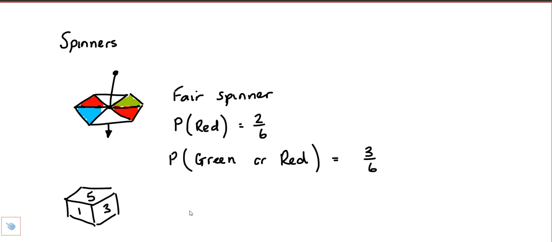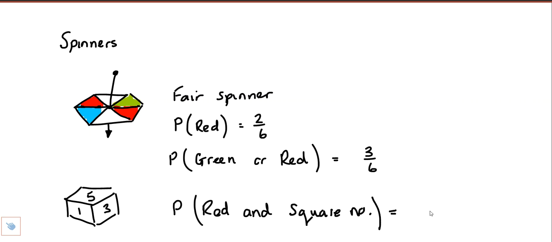If I were to spin the spinner and roll the die, what would be the probability of getting red and square number? Red and square number.